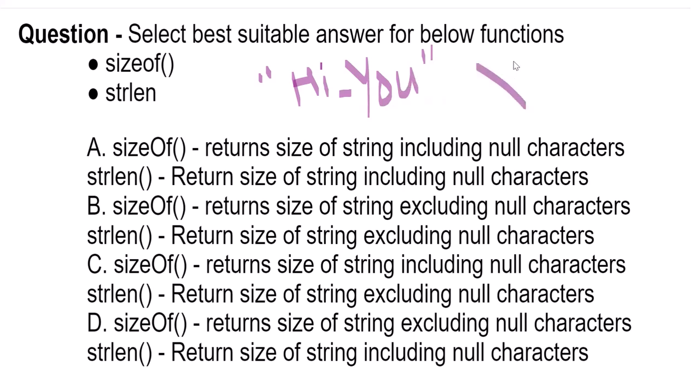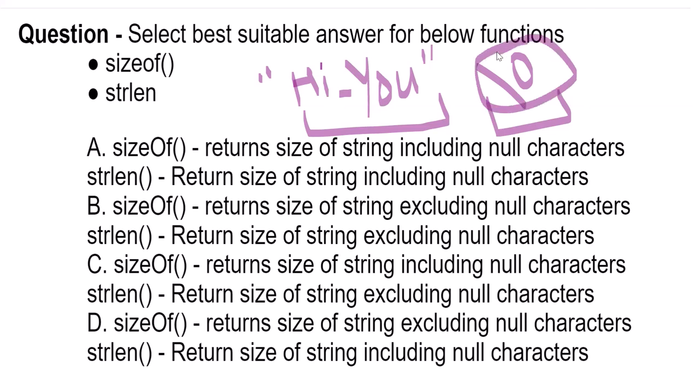So when the size is calculated, these 6 will be counted, plus this null will also be counted. One character is 1 byte, so 6 bytes plus 1 for null is 7.